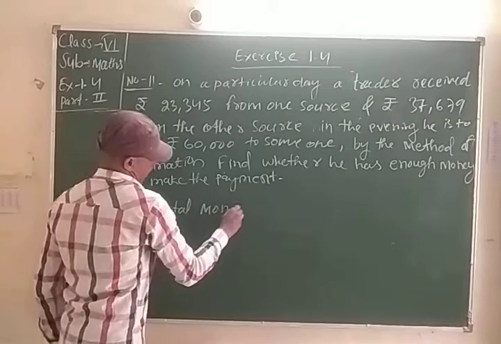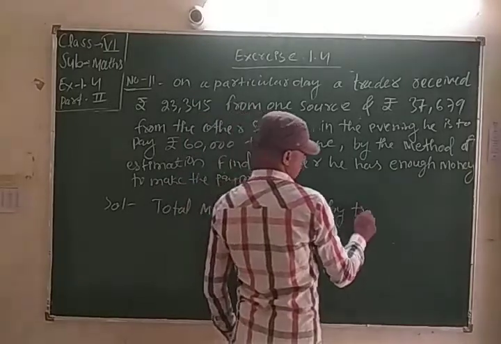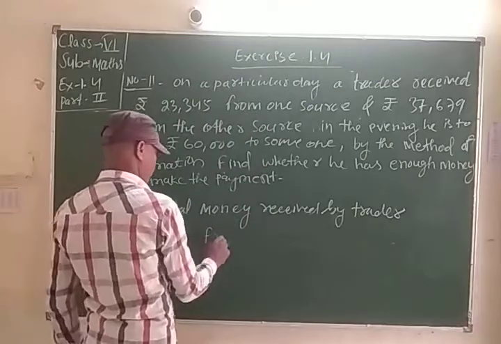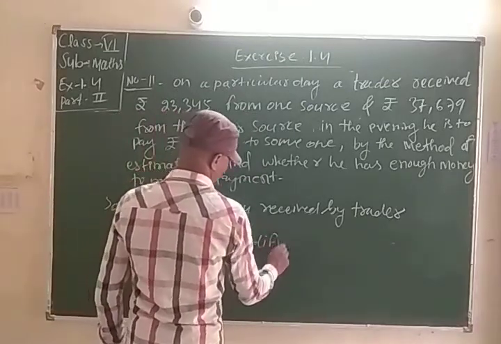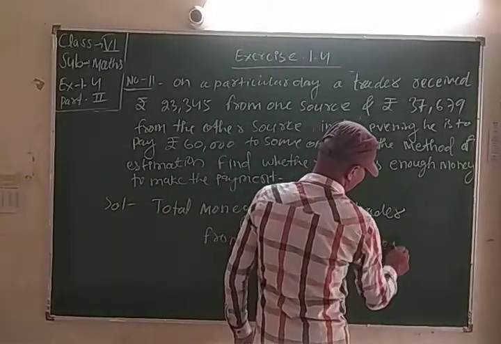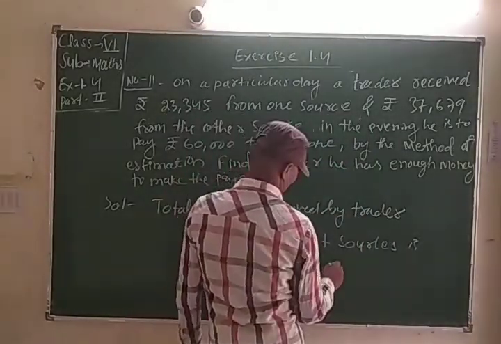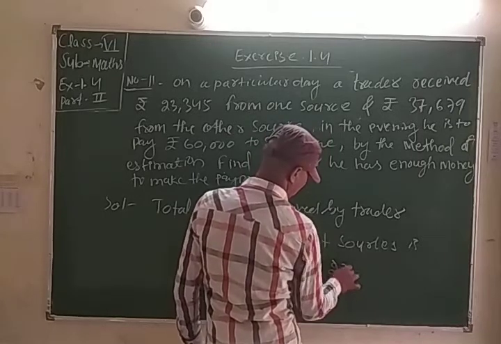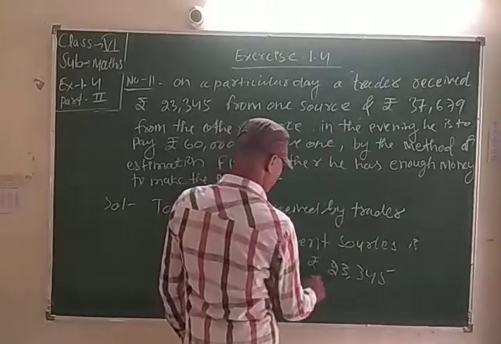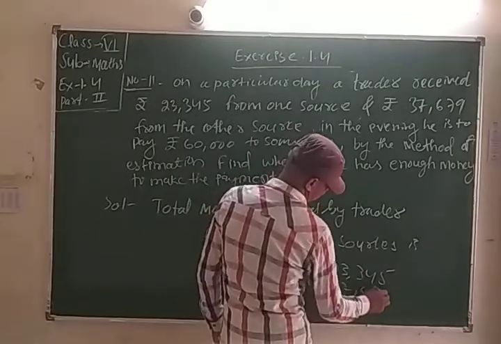Total money received by the trader from different sources. First is rupees 23,345 and rupees 37,679.